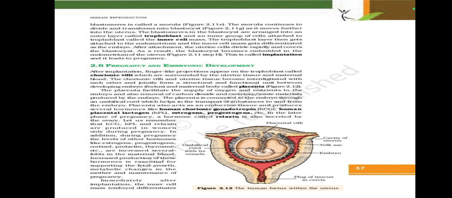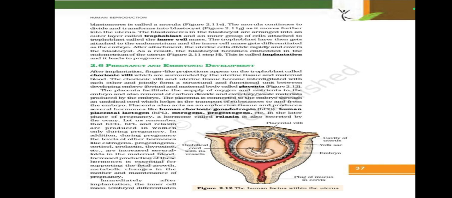After attachment, the uterine cells divide rapidly and cover the blastocyst. As a result, the blastocyst becomes embedded in the endometrium of the uterus, figure 2.11. This is called implantation, and it leads to pregnancy and embryonic development.